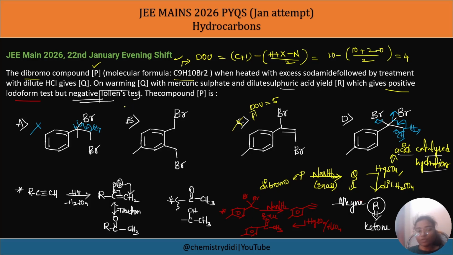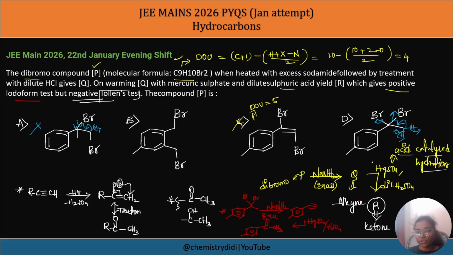If it were an aldehyde, it would give a positive Tollens test. That's why R will be a ketone only, for sure. And positive iodoform means this type of methyl ketone should be there.